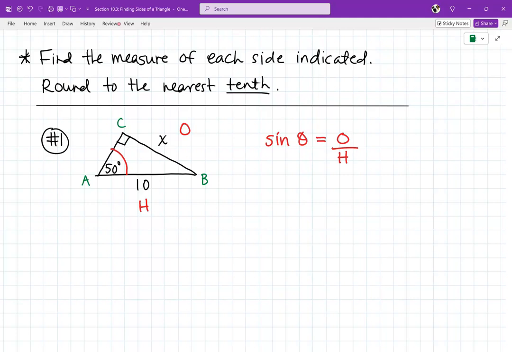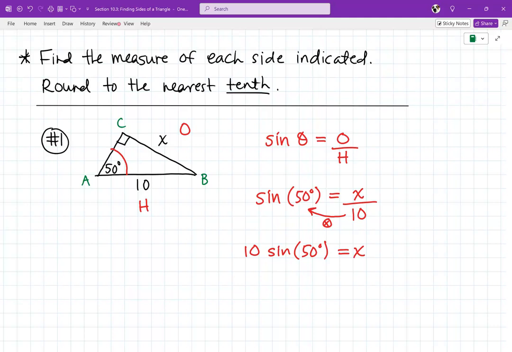The angle is 50 degrees, so sine of 50 degrees is equal to opposite, which is X, over hypotenuse, which is 10. If I want to solve for X, what should I do with that 10? Multiply it over here. So that becomes 10 sine of 50 degrees equal to X.